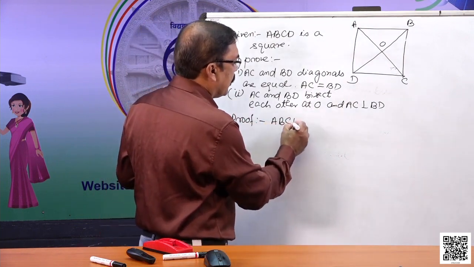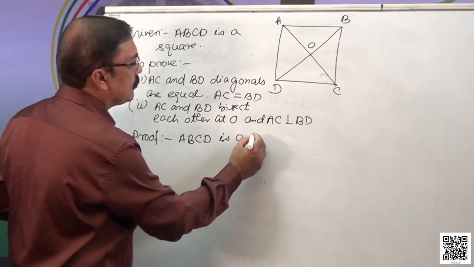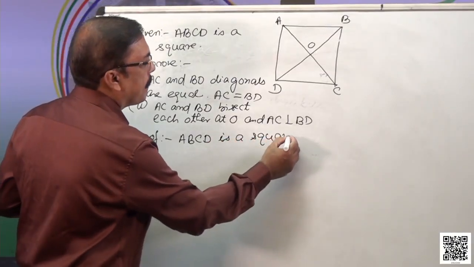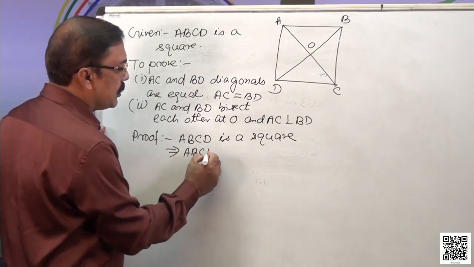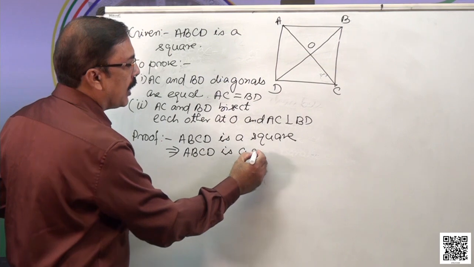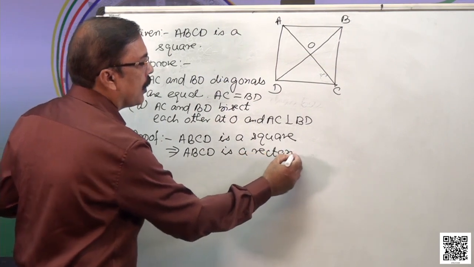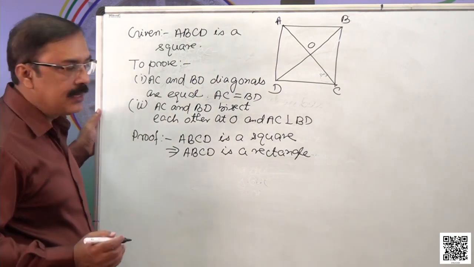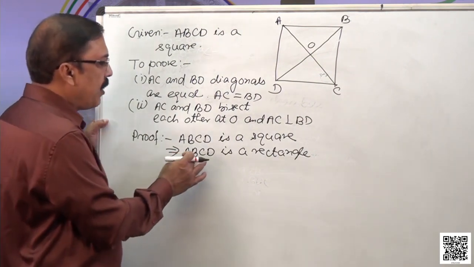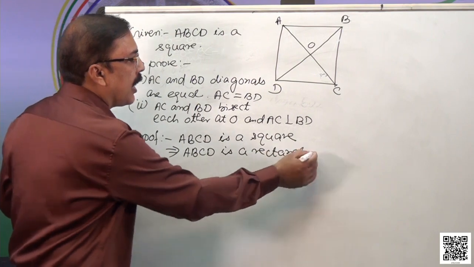ABCD is a square. This implies ABCD is a rectangle. As we know that every square is a rectangle, we can write ABCD is a rectangle.